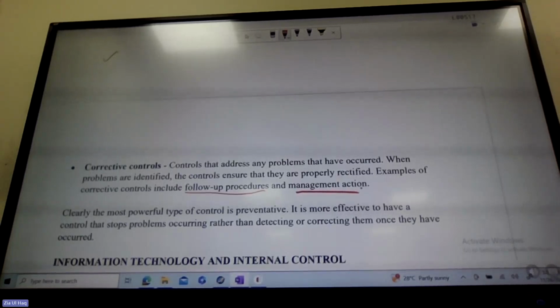That means action by management against weaknesses and issues. This is called corrective control. A follow-up procedure means that after implementing a policy or procedure, you are checking whether it is working properly or not. This is called corrective control.